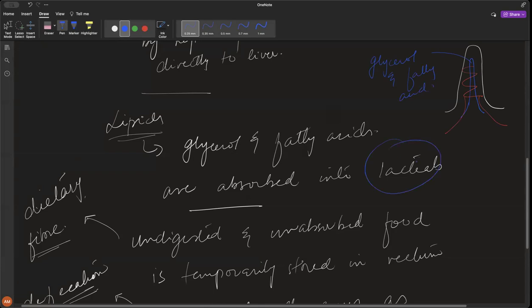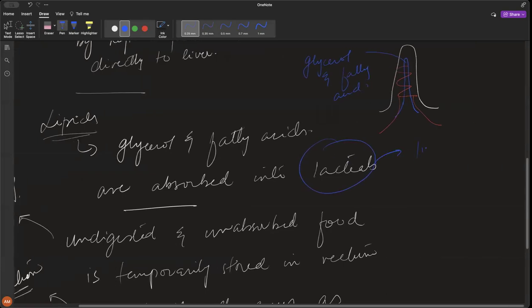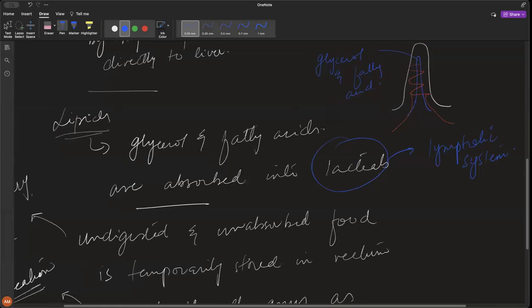This lacteal is actually a part of the lymphatic system. We'll study about the lymphatic system when we are studying transport in humans. It takes this glycerol and fatty acids to the lymphatic system, and from there onwards, it goes to the heart.